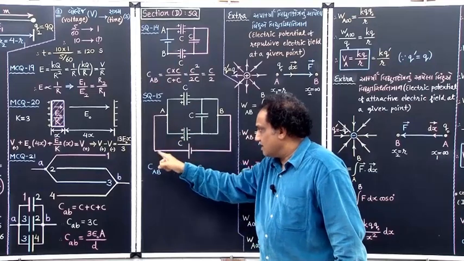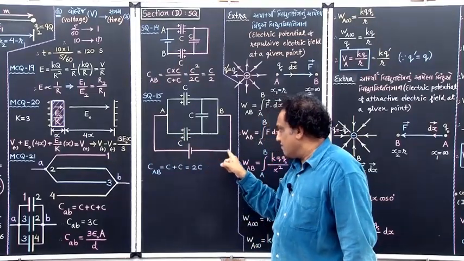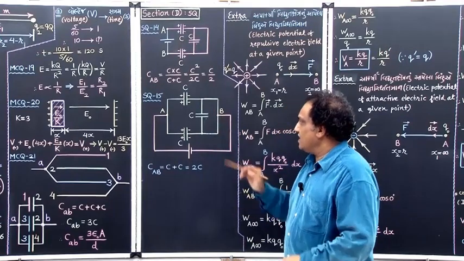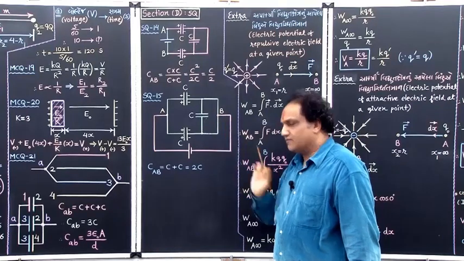Those electrons will gain energy from the battery, and then they will come here. Half of the electrons will flow this way, the remaining half will flow this way.